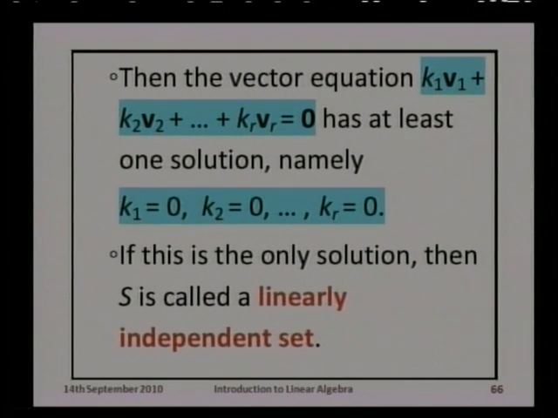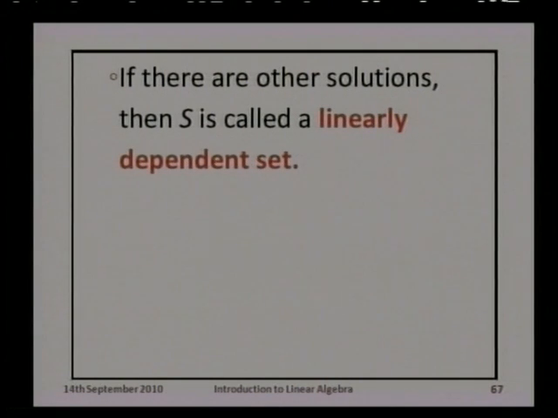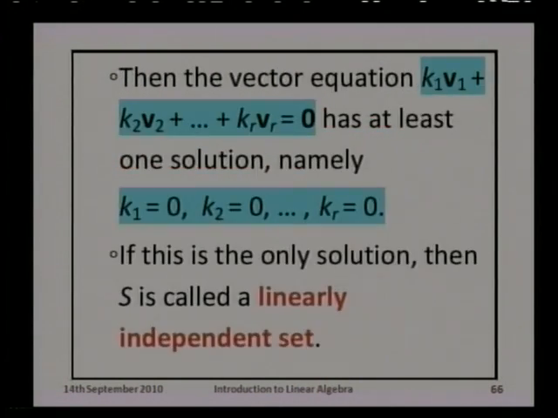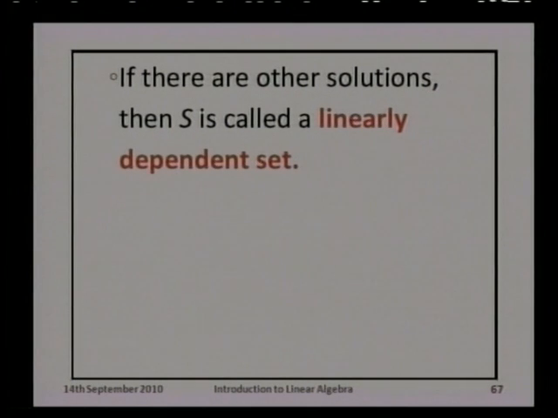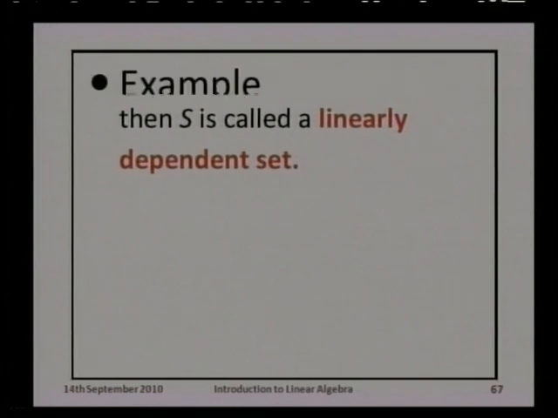But if this is the only solution, then S is called a linearly independent set. That means if there are no other solutions, then we will call this a linearly independent set. But if there are other solutions, then S is called a linearly dependent set.